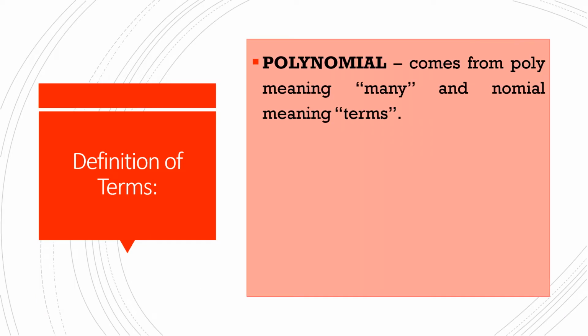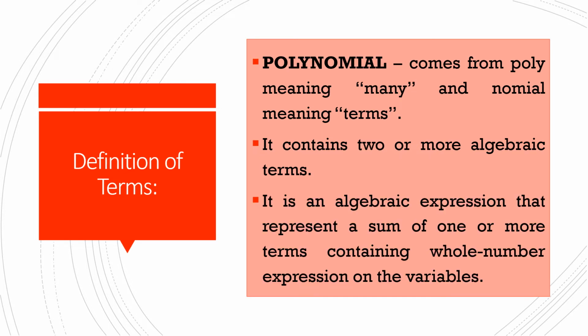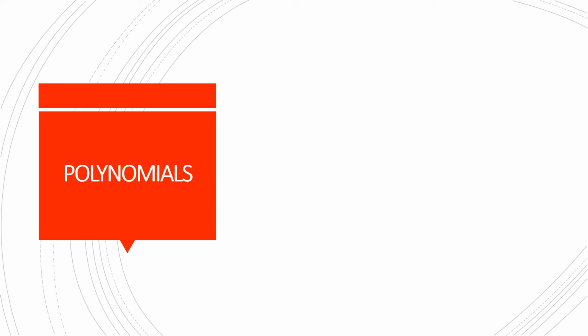Now, we also have the term polynomial. It comes from the word poly, meaning many, and nomial, meaning terms. A polynomial contains 2 or more algebraic terms. It is an algebraic expression that represents a sum of 1 or more terms containing whole number exponents on the variables.